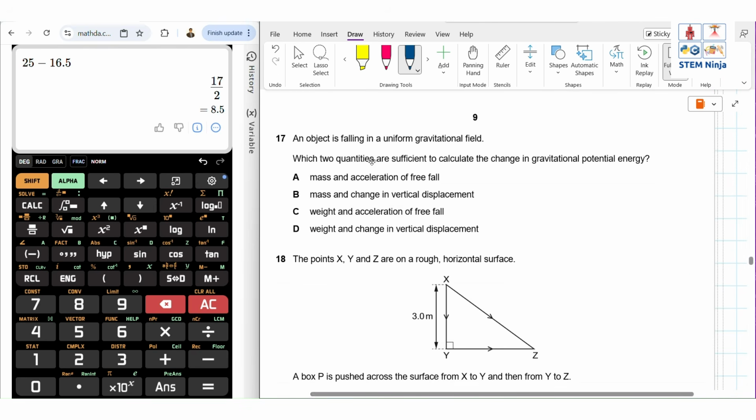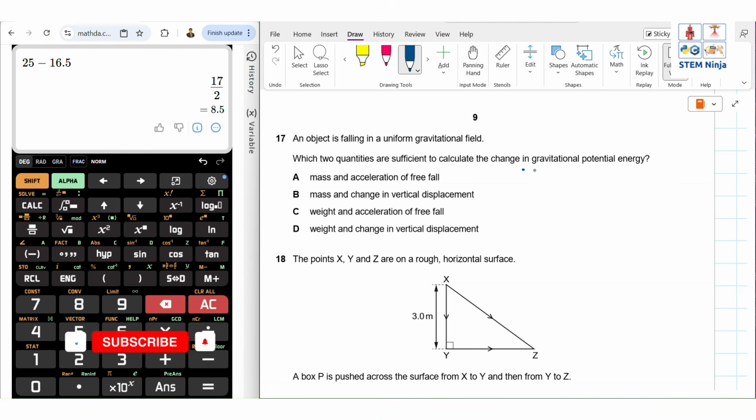An object is falling in a uniform gravitational field. Which two quantities are sufficient to calculate the change in gravitational potential energy? So change in gravitational potential energy, Ep, is just mgh. We need the mass, h, and g.